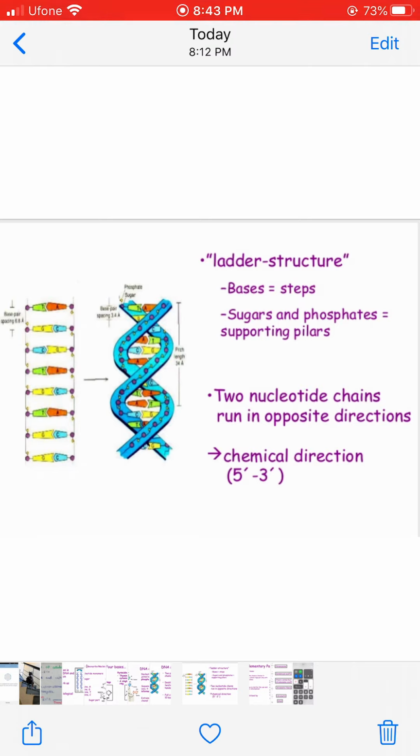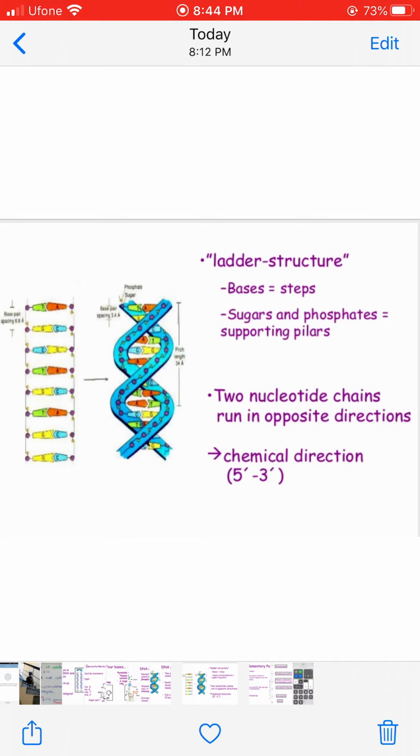When these sequences are joined with each other in antiparallel strands, you can see the formation of a ladder structure.